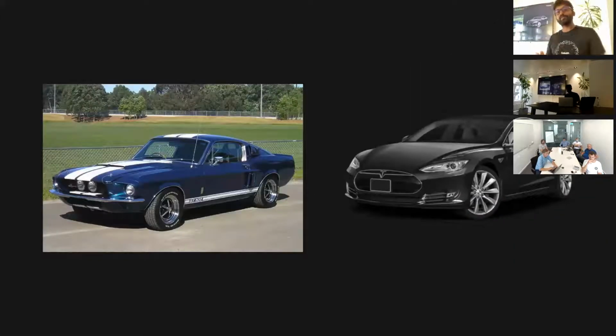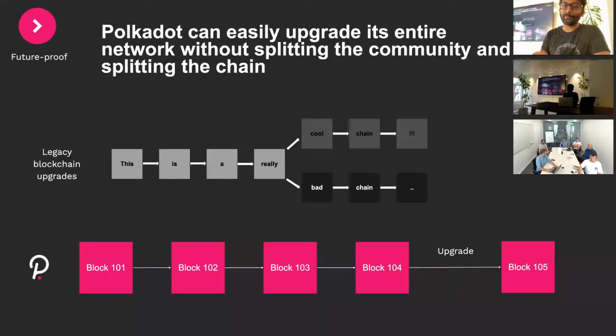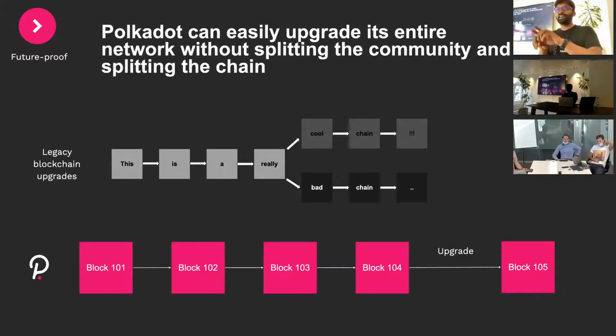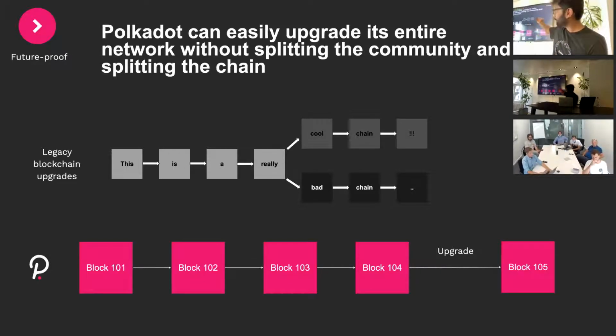All right, so self upgrades. If there is a way to transform that by just porting some code, that would be awesome, right? That's pretty much how the Polkadot chain works. With conventional, legacy blockchains, you have a bunch of blocks building on top of each other, and if the validators or the miners split and start to build blocks in a forked way, you end up with this forking issue.